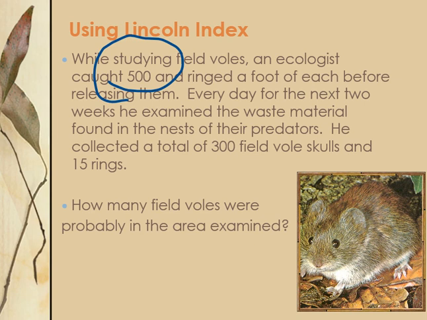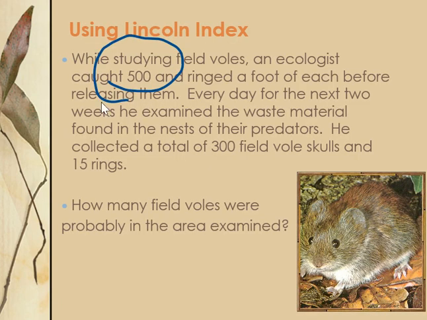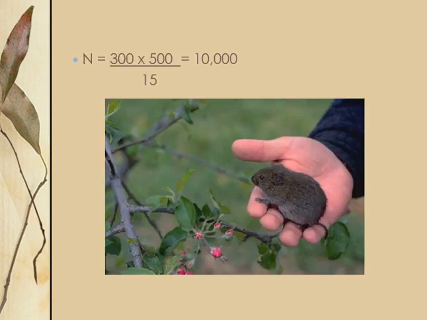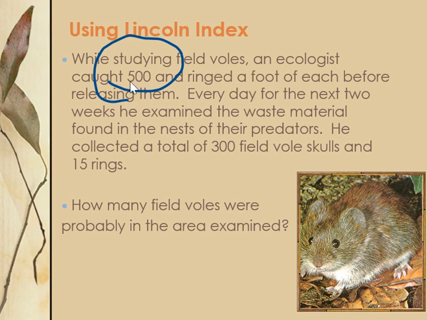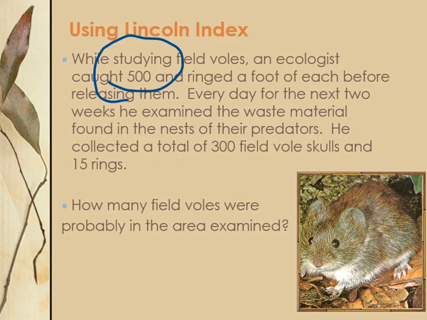So you can see here, you have to use 300, because that's what you got, the next attempt. So 300 into the first attempt, which is 500, by 15, which is the rings.